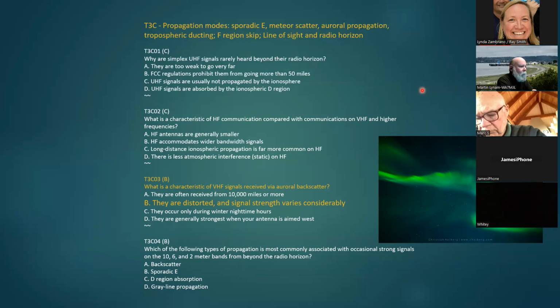And oftentimes the signal strength is distorted and it varies considerably. You can think about that if you've seen the aurora, it kind of expands, contracts, and shimmers. And as it does that, the signal strength that is bouncing off of it does vary considerably.